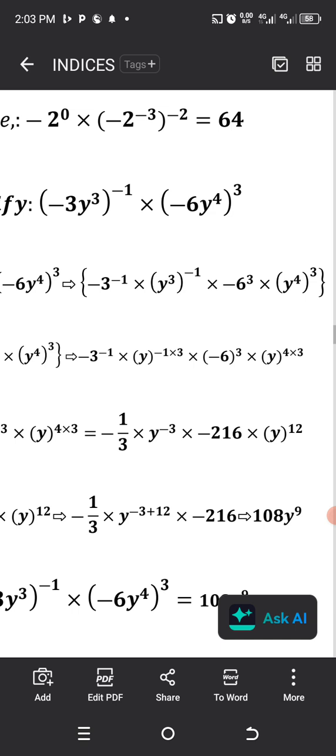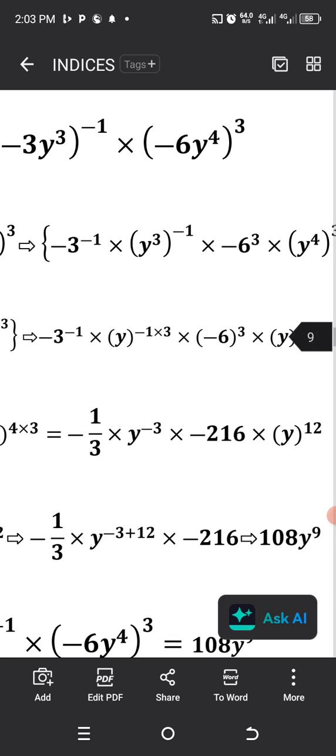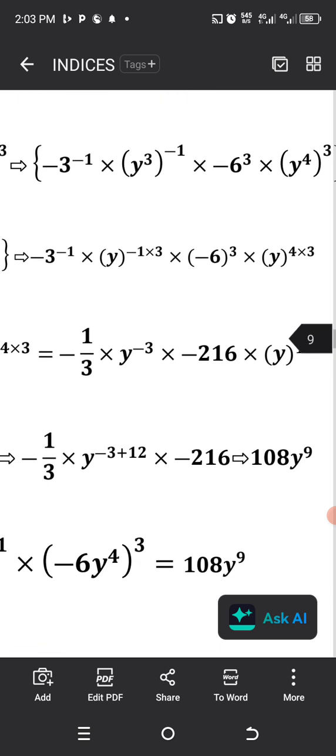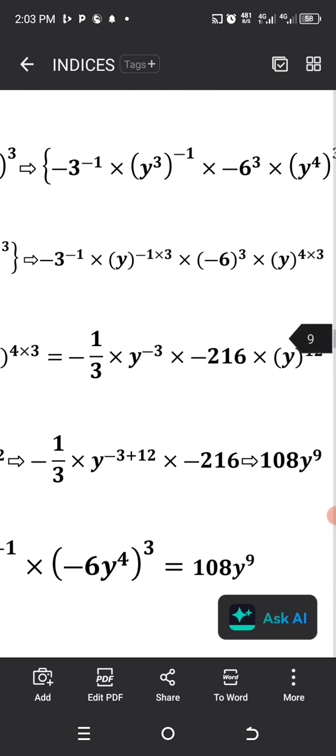So you will observe that now in that y letter, we've already used product law, in which we are bringing what is inside that parenthesis and multiplying it by the power outside the parenthesis. That's why you can see y raised to power minus 1 multiplied by 3, and the other y, let me zoom in, which is y raised to power 4 multiplied by 3.